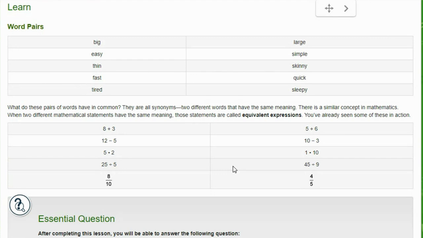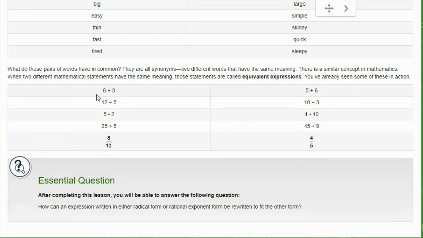There's a similar concept in mathematics. When 2 different mathematical statements have the same meaning, those are called equivalent expressions. And we've seen tons of those. Like 8 plus 3 and 5 plus 6. Those are equivalent expressions because both of those equal 11. It's just 2 different ways of saying 11. 12 minus 5 or 10 minus 3.